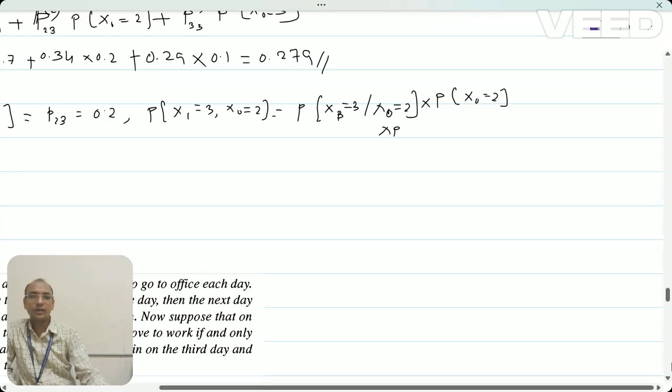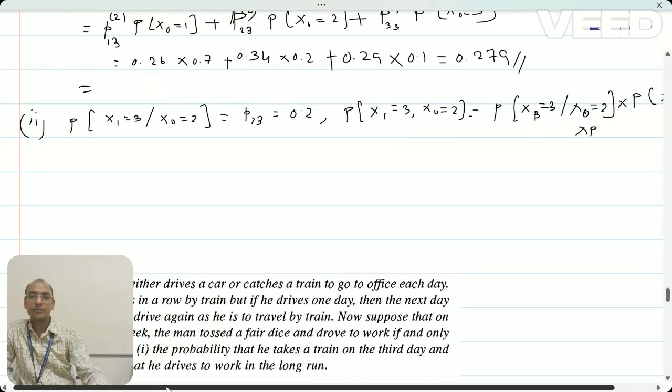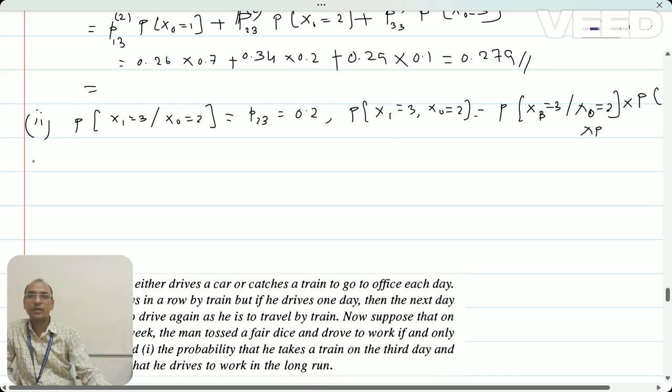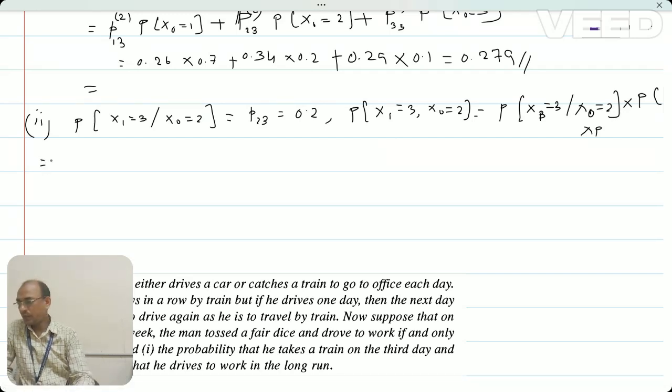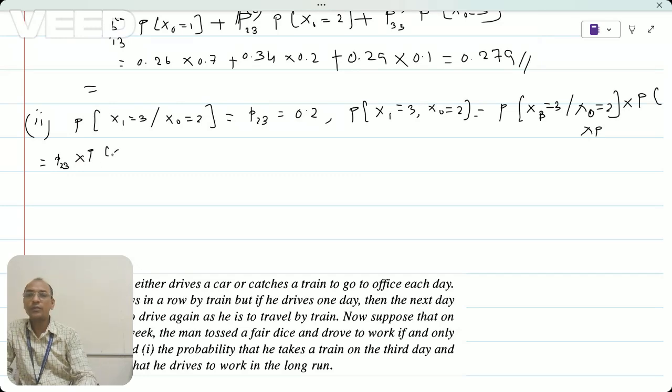So here we can have that one will be nothing but P23. So we will have P23 into probability of x0 equal to 2.